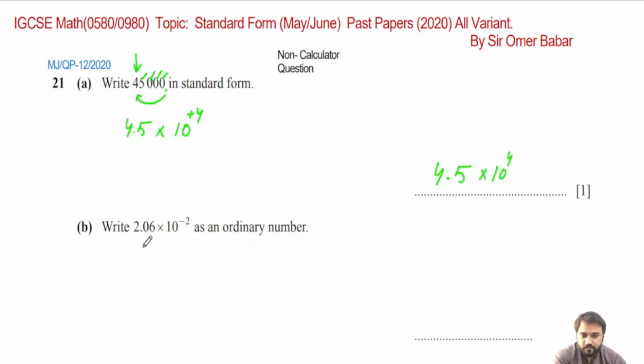Part B is write 2.06 into 10 raised to power minus 2 as an ordinary number. So how can we write it? The sign indicates where our decimal will go.